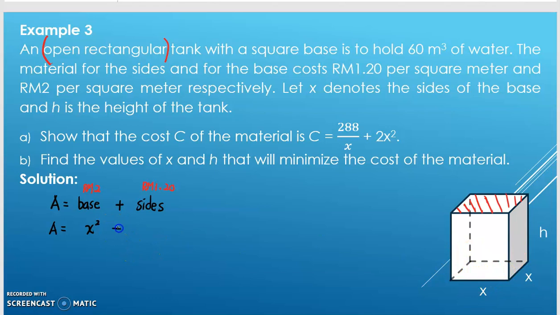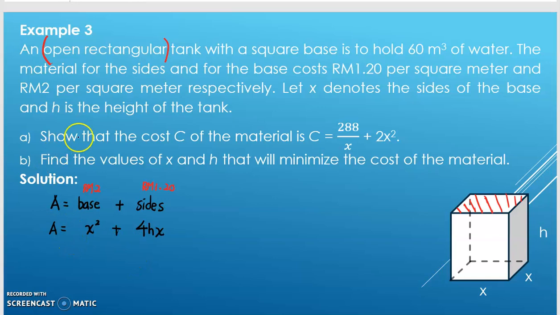Whereas the area of the side is h times x, hx. Since we have four sides, left and right, front and back, so times 4.